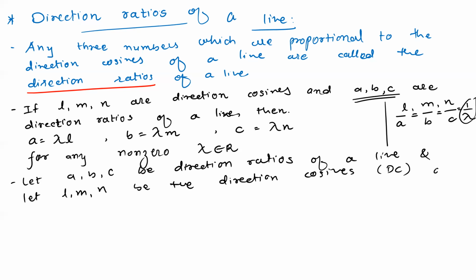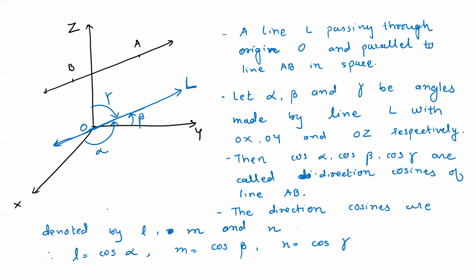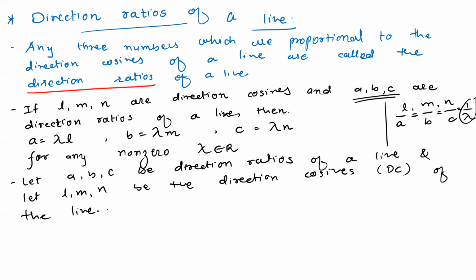Direction cosines of the line: some line is passing through the origin making angles alpha, beta, and gamma with x, y, z axes, so cos alpha is L, cos beta is M, and cos gamma is N. With direction ratios a, b, c and direction cosines L, M, N, l by a, m by b, and n by c are all going to be the same constant.